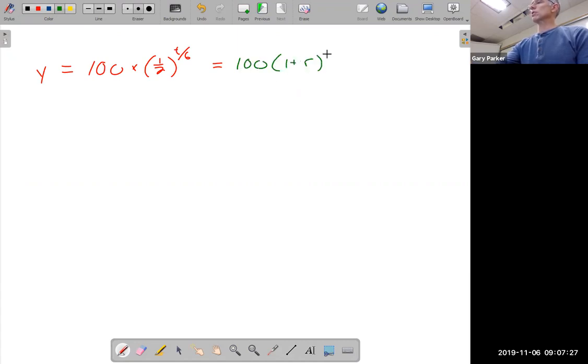So I have the equation 100 times 1/2, parentheses are necessary there, raised to the power of time, hours over 6. Oftentimes we have equations that look like starting times 1 plus some rate to the power of t. And since this is a decrease or a decay, r should be negative.